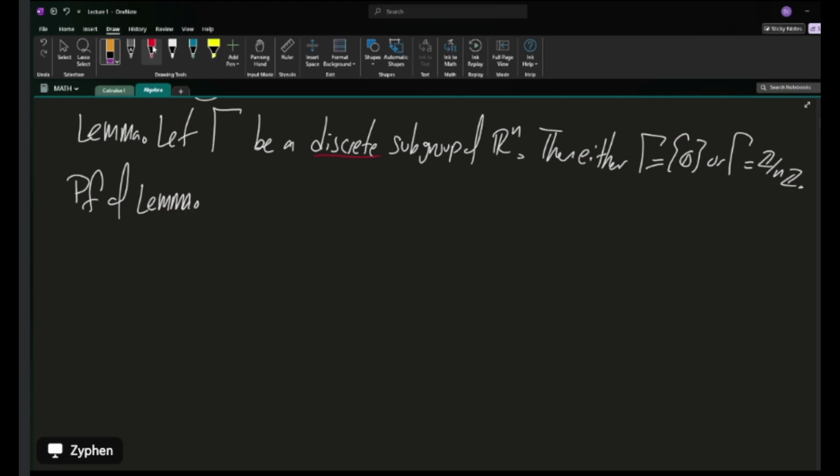Oh, you're right. You are right, my bad. It means separated. I think the textbook actually mentioned that, I just forgot it.